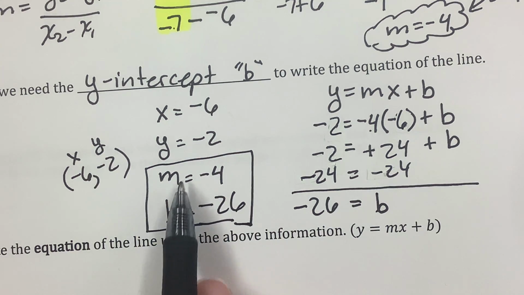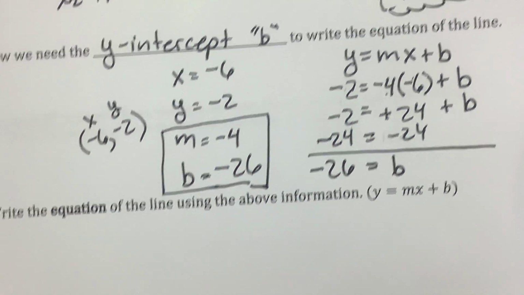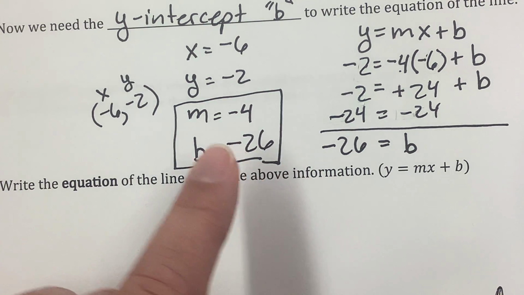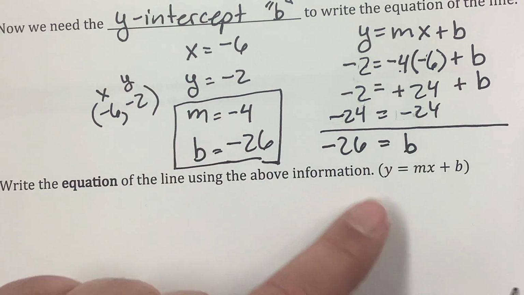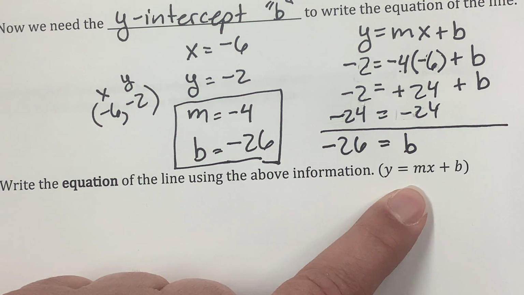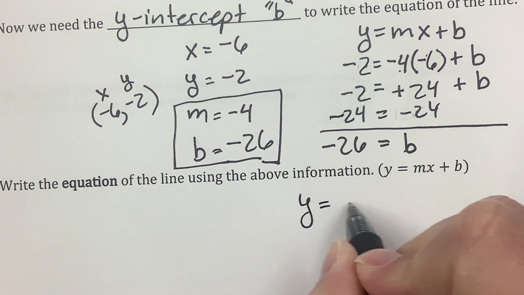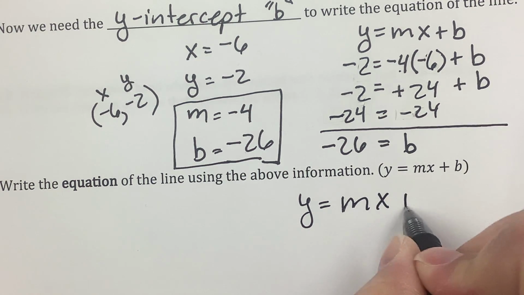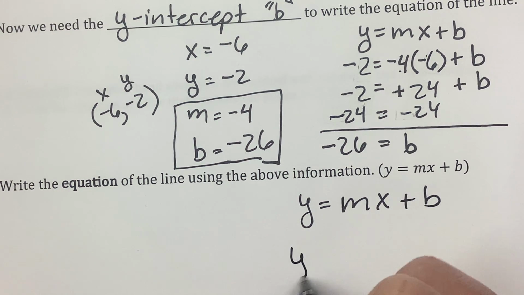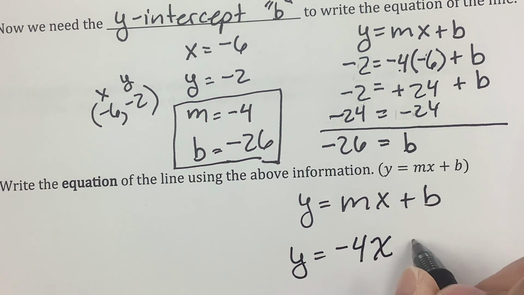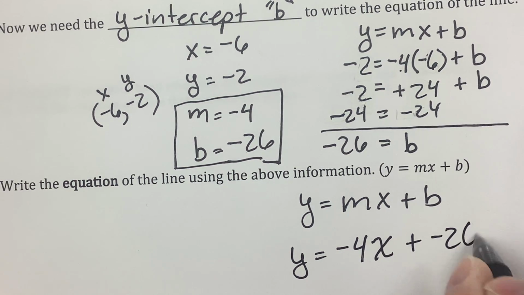And now I know my m and my b, and I can come down here and answer the next question. Write the equation of the line using the above information and this y equals mx plus b. So here we go. Y equals mx plus b, y equals negative 4x plus negative 26.